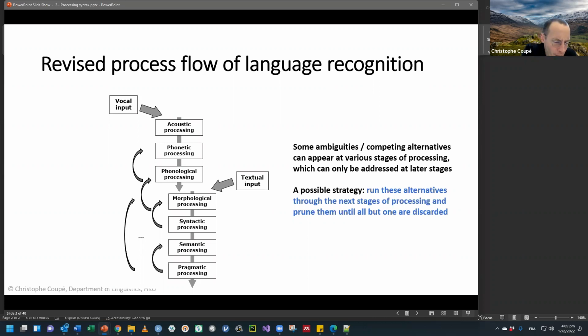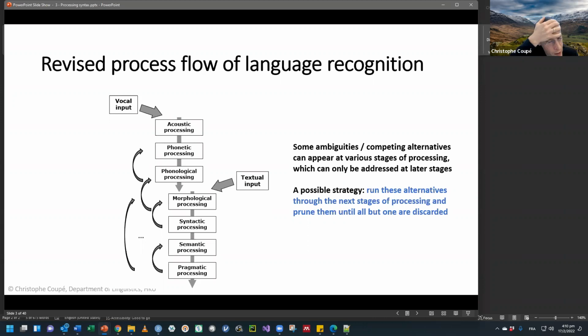And then some of them are likely not to work, and then you can discard them until there remains one option only. But that means that usually it is not a forward process only. Sometimes you need to move to later stages and then come back. It's not that simple, basically. That's what I want to say.